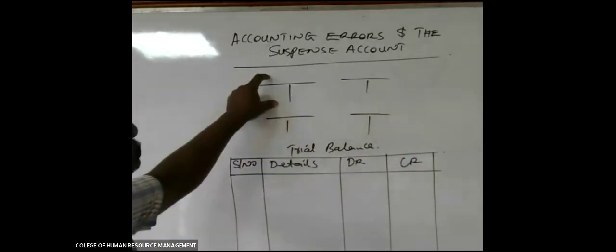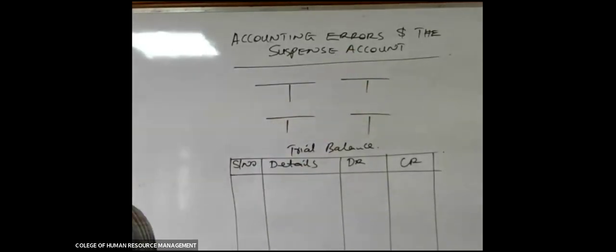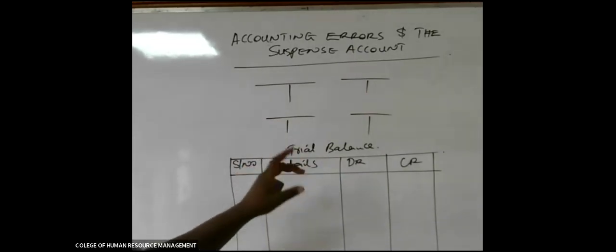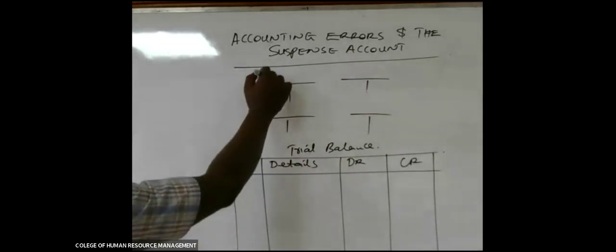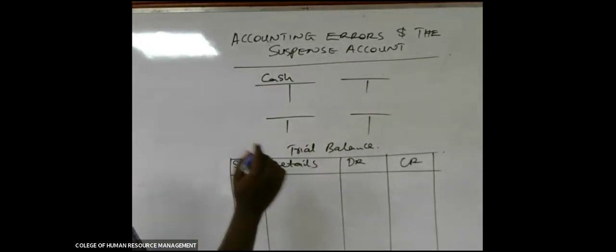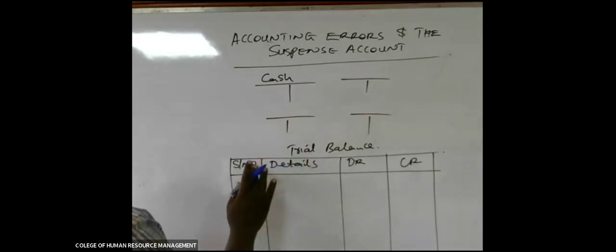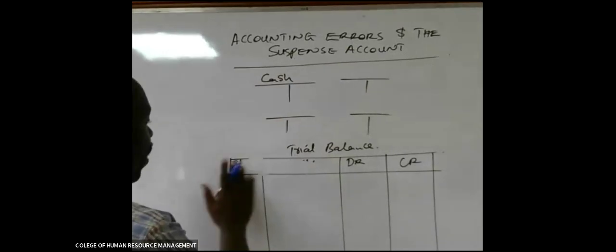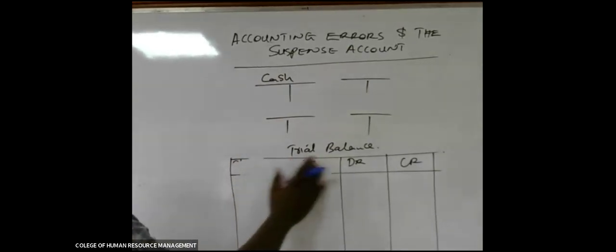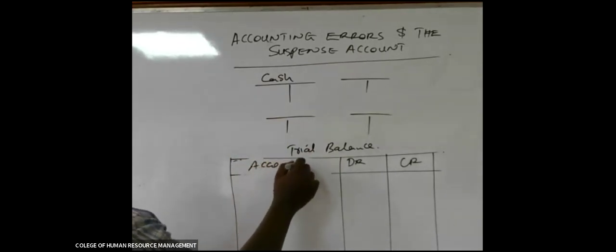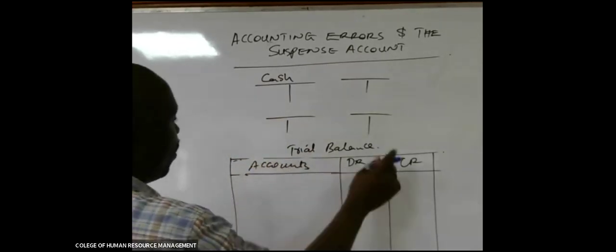If these ledger accounts were properly prepared and correctly balanced, then you have brought the correct balances to the trial balance. The trial balance will have simply the accounts, the debit and the credit balance.